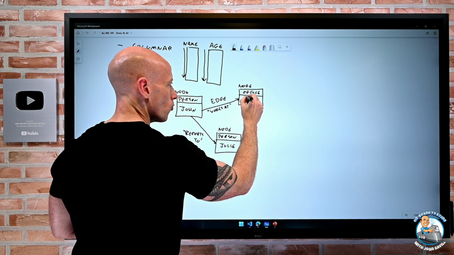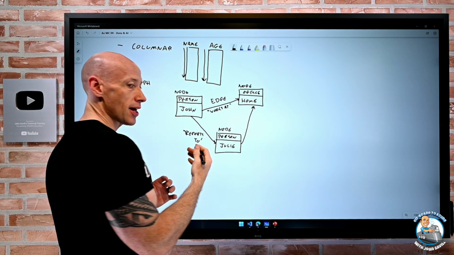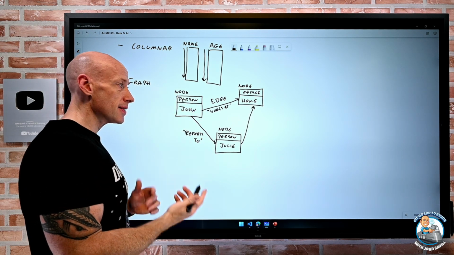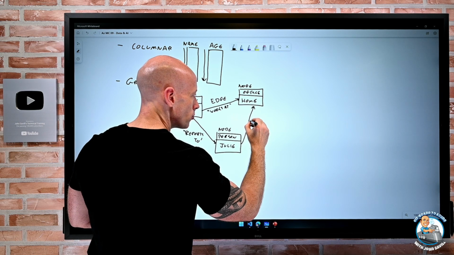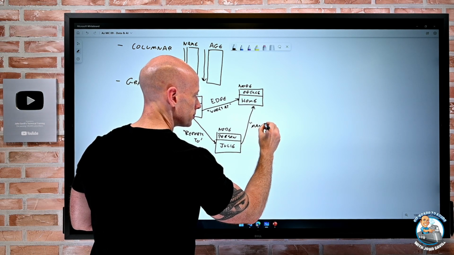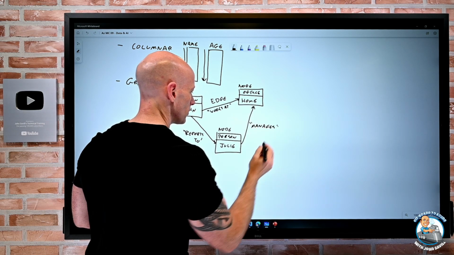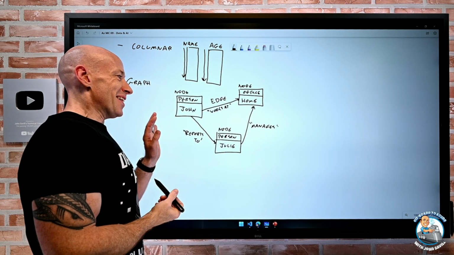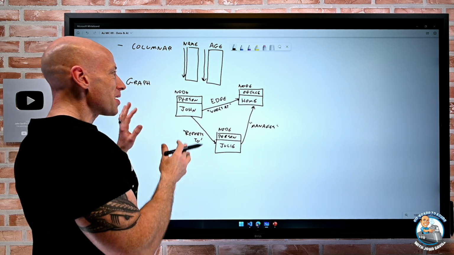Maybe we call this home is the actual specific node instance. And maybe this is, well, Julie manages home. So I report to my wife and she manages the house. She's in charge of everything. So that would be an example of a graph.